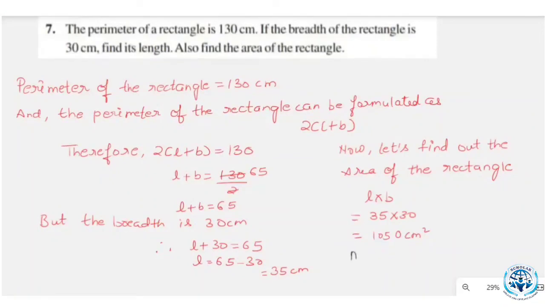The question is solved. Answer is length is 35 centimeter and area is 1050 centimeter square.